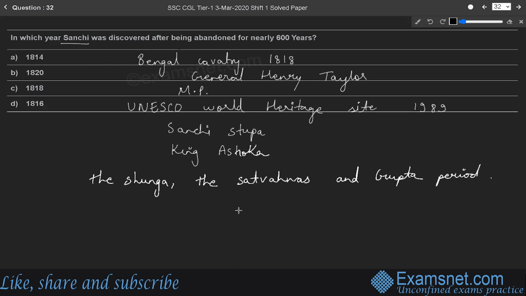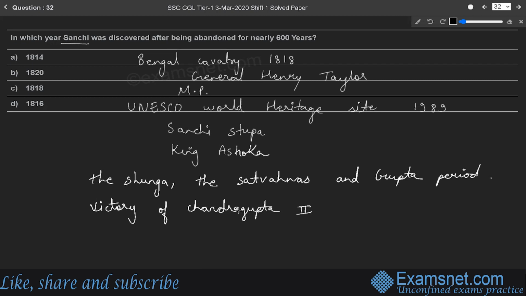And the victory of Chandragupta II has been carved on the railing of the stupa as an inscription. So, Sanchi Stupa is the main center of attraction, and on that stupa, the victory of Chandragupta II was carved as an inscription.